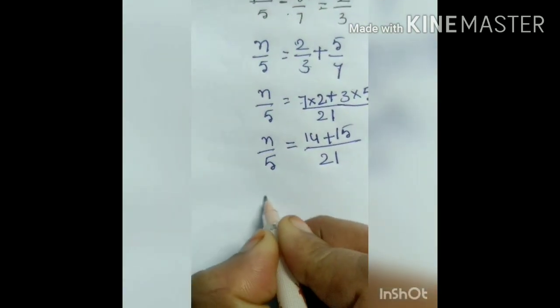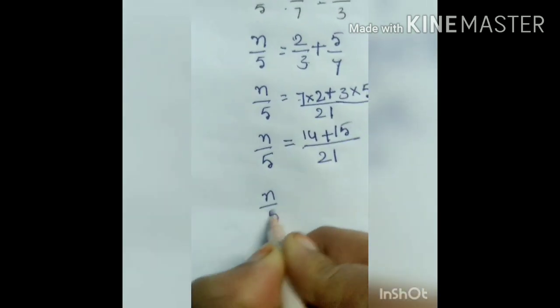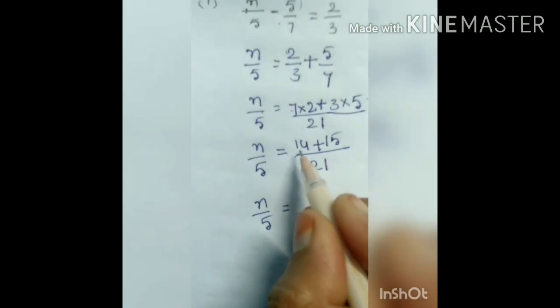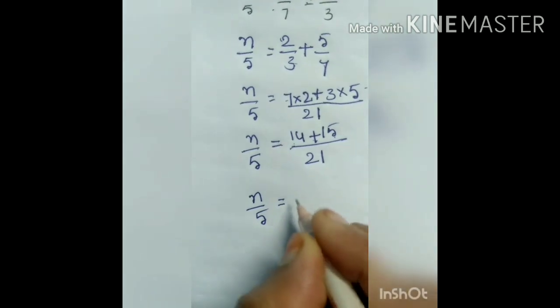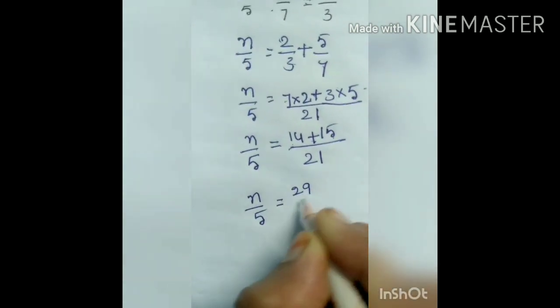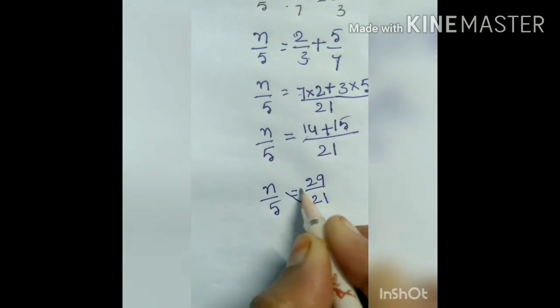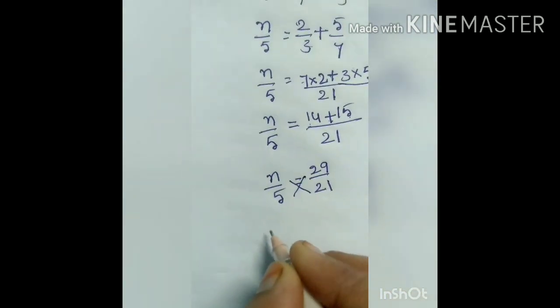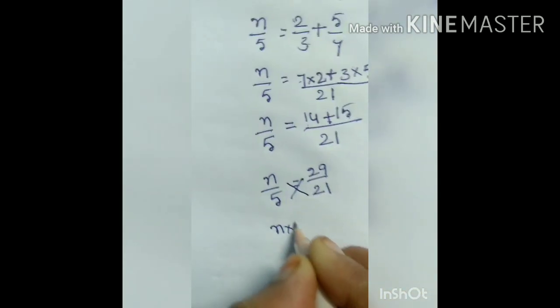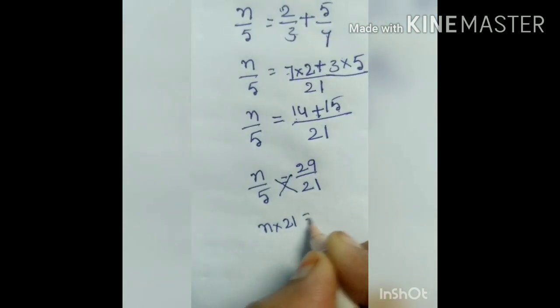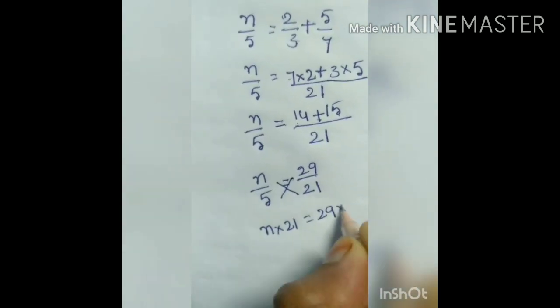So n by 5 is equal to 14 plus 15, that is 29 by 21. Now I do the cross multiplication.